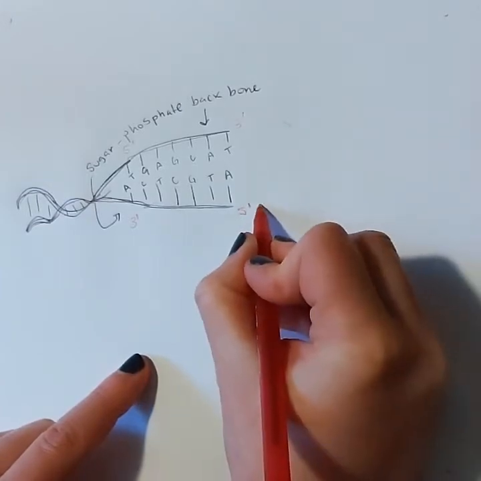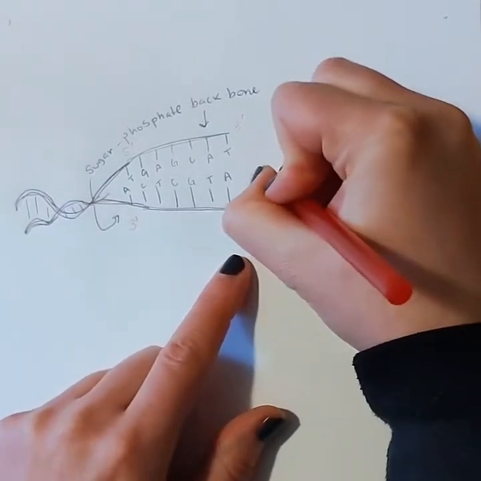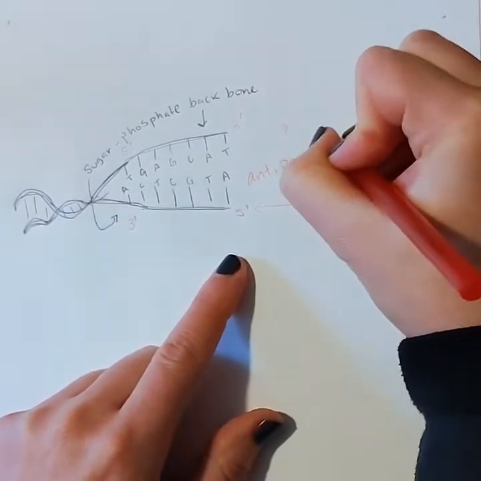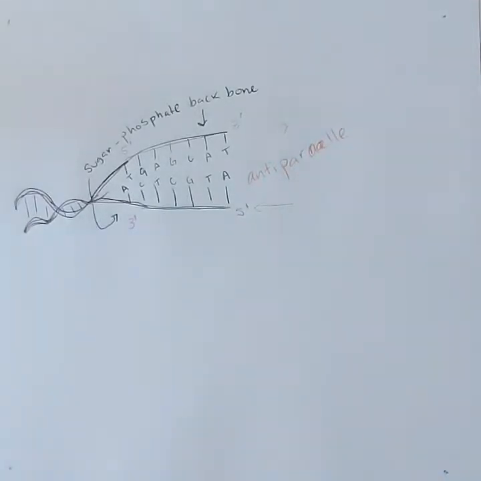So one's going this way, and one's going that way. That's what anti-parallel means. I think I spelled anti-parallel wrong. That's okay. You can spell it right in your notes. Don't worry about it. No one's going to know.